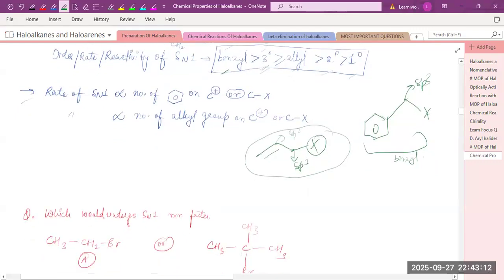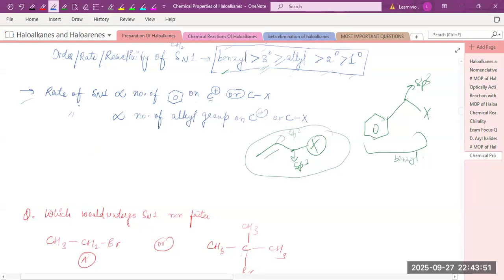Okay, so here, the rate of the SN1 reaction is directly proportional to the number of benzene rings on the carbocation. More the number of benzene rings, the faster the reaction will be, and reactivity will be higher. So suppose here there is one benzene ring, and there is another benzene ring too, which is attached to the carbon.